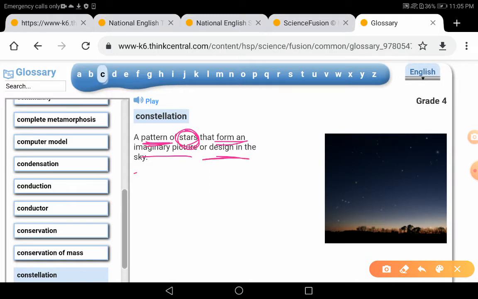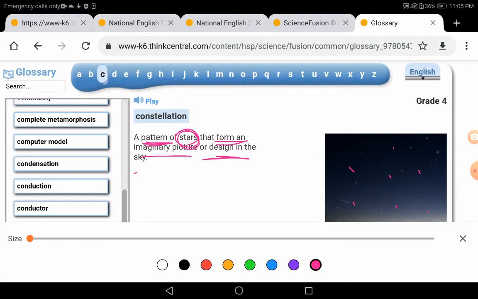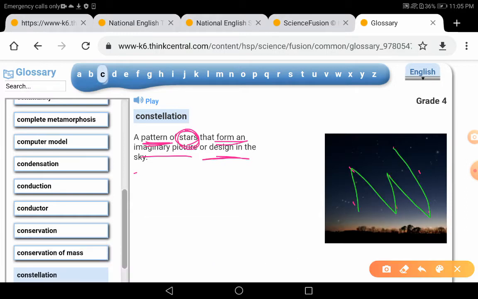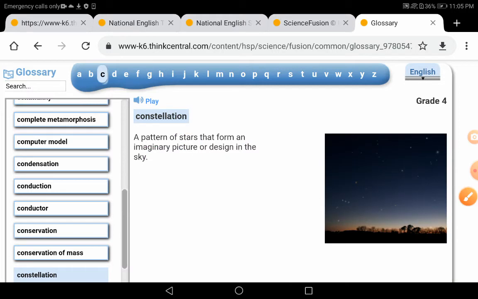For example, let's say that we have these stars in the sky. Can you tell me about an imaginary picture for these stars? You might say this one. Someone might say something else.